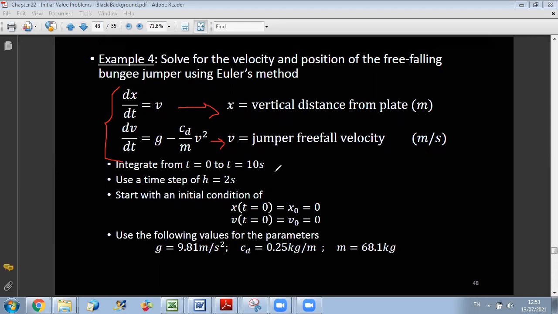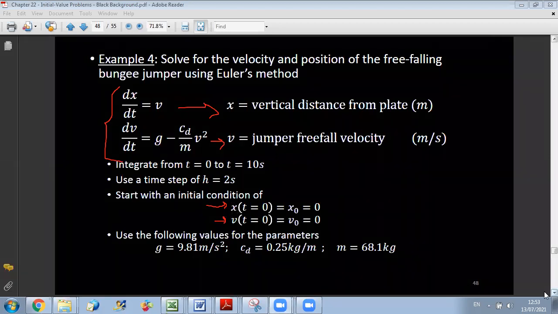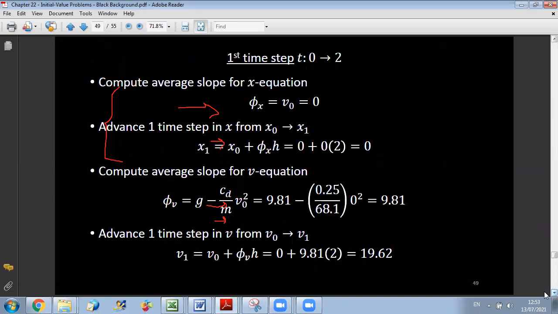So what do we do in this case? All we have to do is to solve step by step for v and x. Okay, so we have the initial conditions for both. So we know that for x at t equals 0, x0 equals 0, and for v at t equals 0, v0 is equal to 0. Now all we have to do is to update at each time step these values.